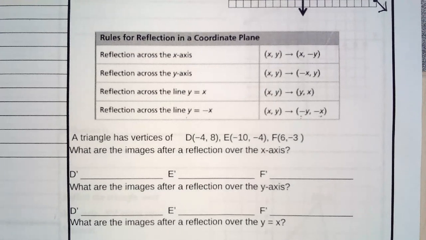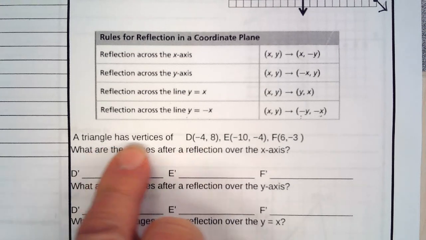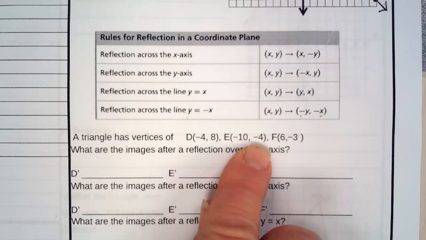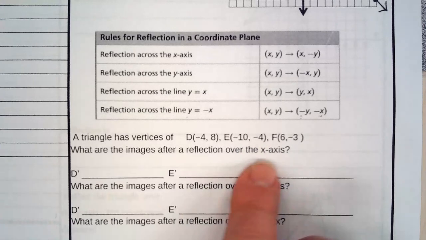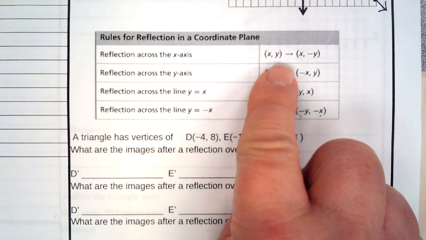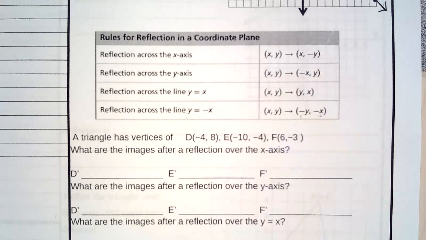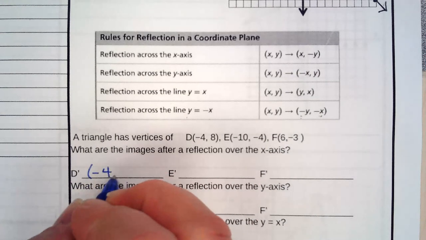Okay, this is my image. The triangle has vertices of negative 4, 8, negative 10, negative 4, and 6, negative 3. We're going to reflect it over the x-axis. I look up here. It tells me what I need to do is change my y value to its opposite. So if I'm looking at D prime, the negative 4 does not change.